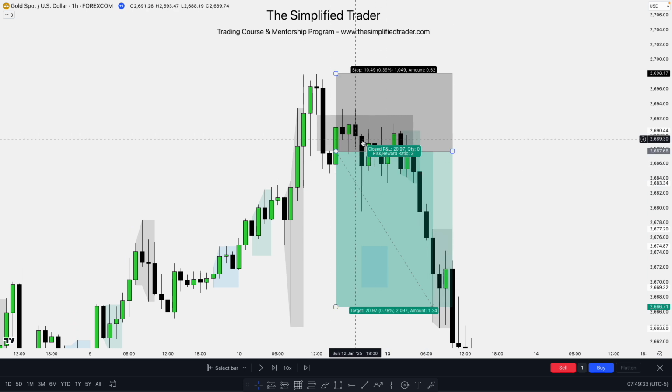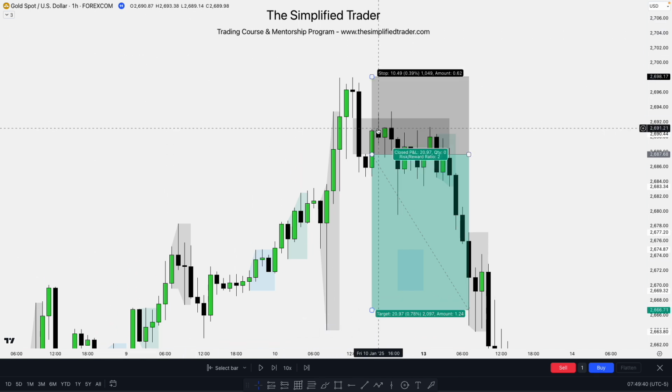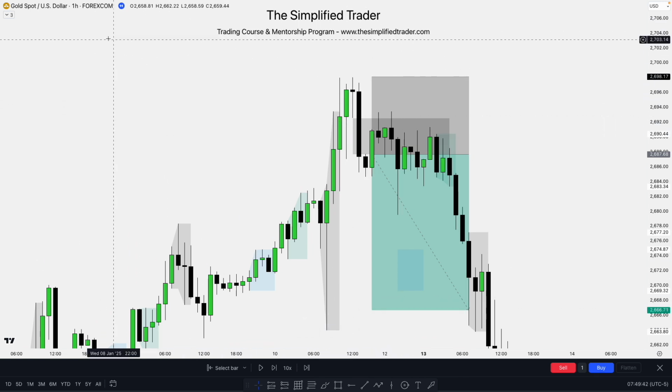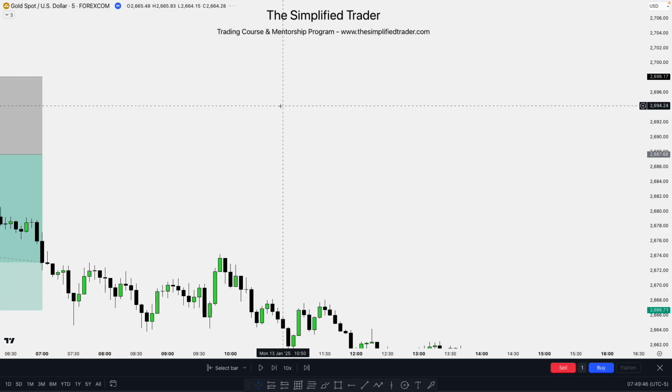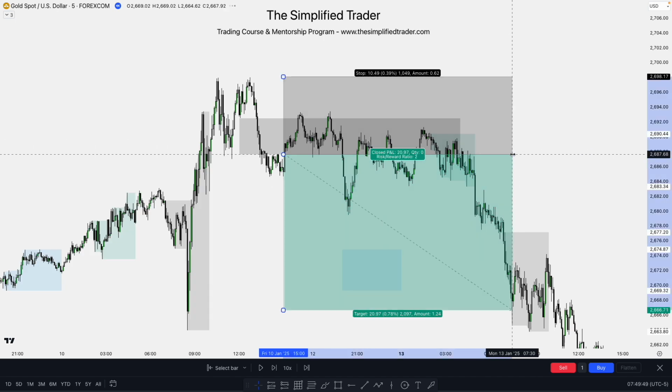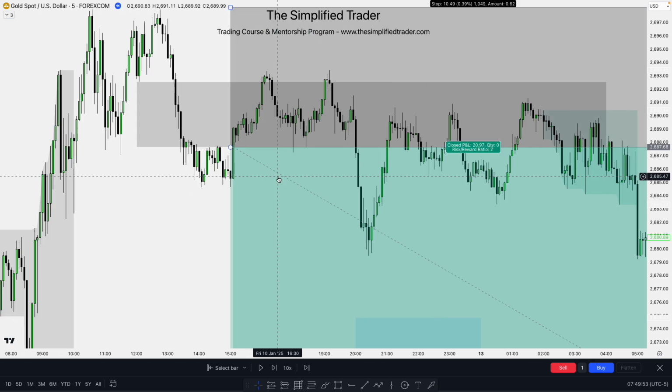But can we further optimize this position? Let's drop down to the 5-minute to see how we can optimize this. Remember, we go from the 1 hour, we drop to the 5-minute time frame. Here I am on this 5 minutes, and how can you optimize this setup?